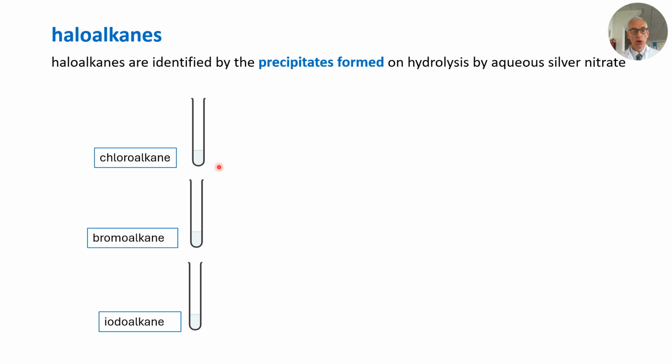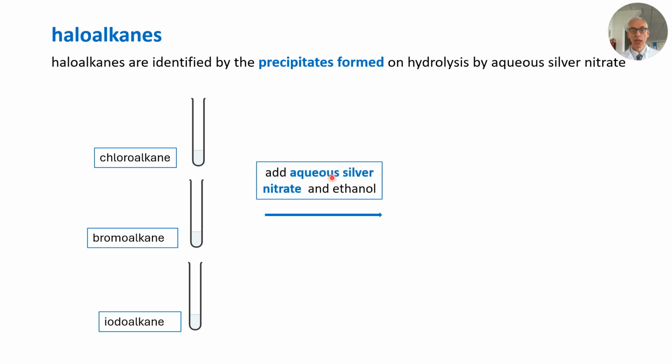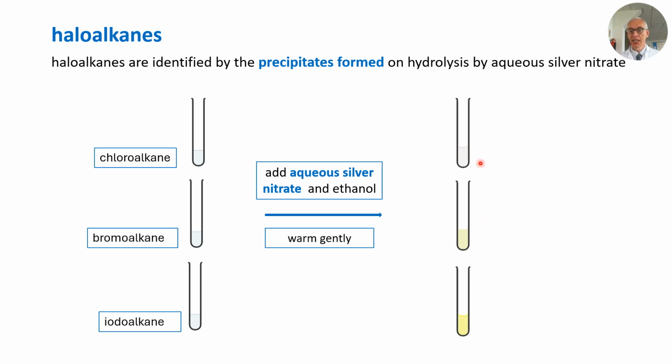So if we have a chloroalkane, a bromoalkane, and an iodoalkane, the test is carried out by adding aqueous silver nitrate and some ethanol to aid solution, and the mixture is warmed gently. You get three different color precipitates, which I've approximated to on my drawing program.